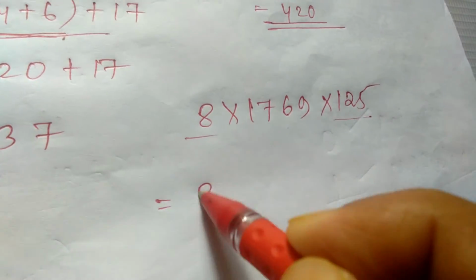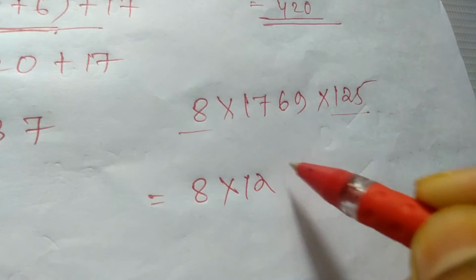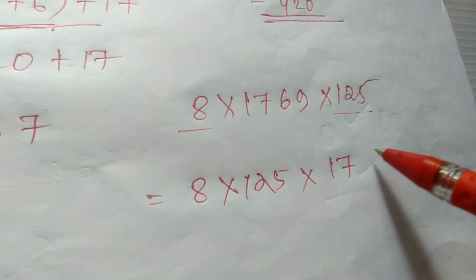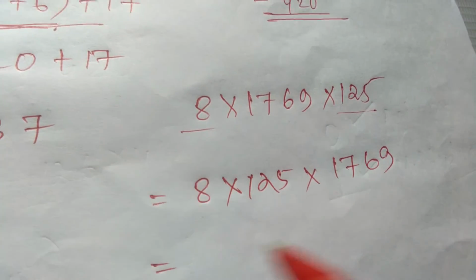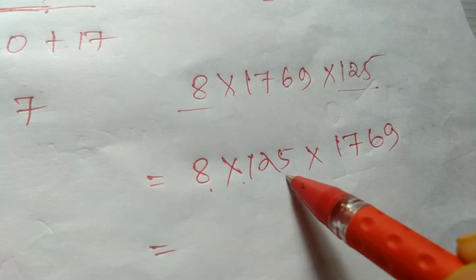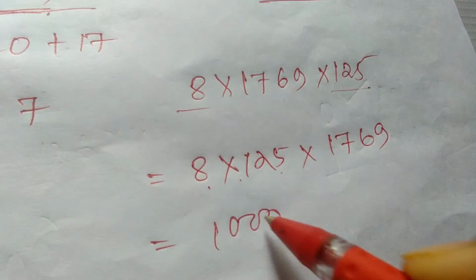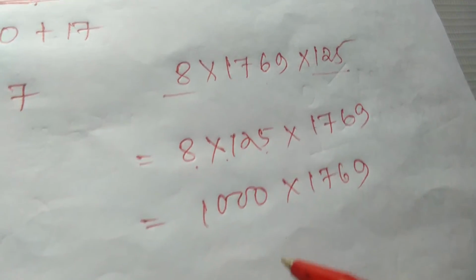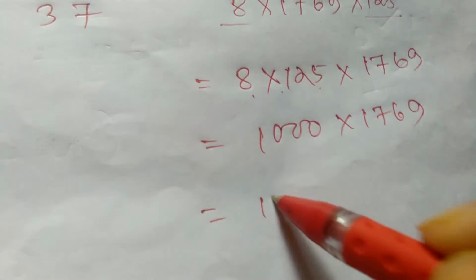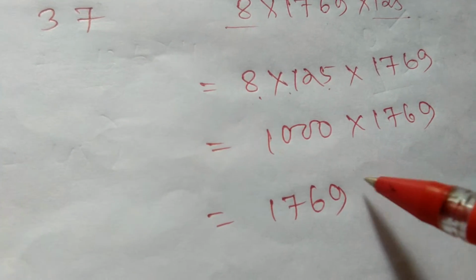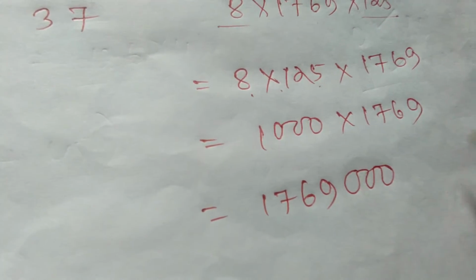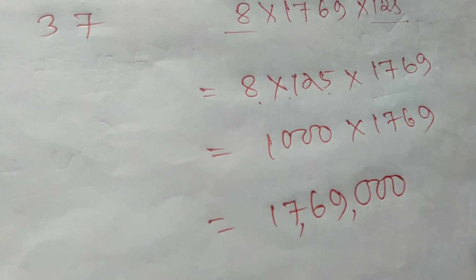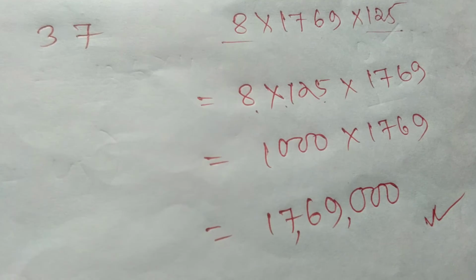I can do 8 into 125 into 1769. Clear? And we know that 8 into 125 is 1000, into 1769. So now we can write the answer easily, 1769000. So that is 17,69,000. That is our answer.